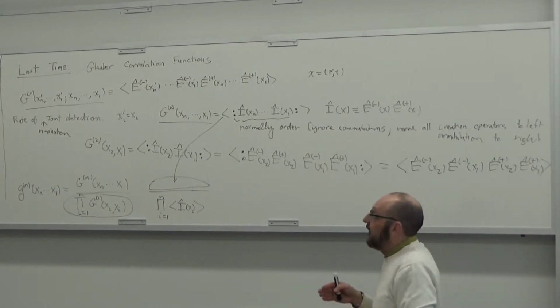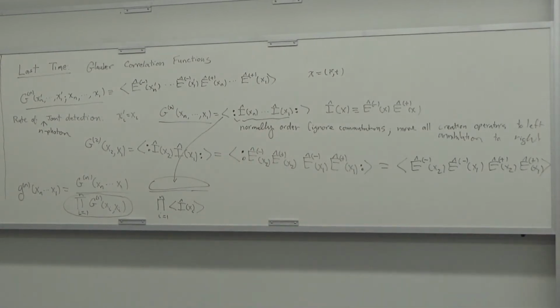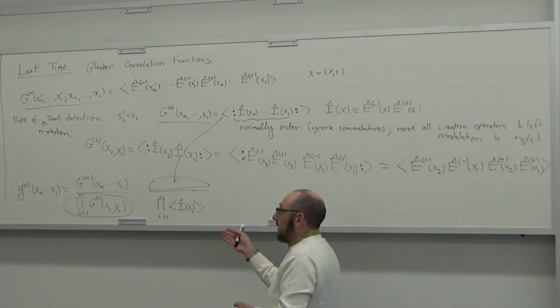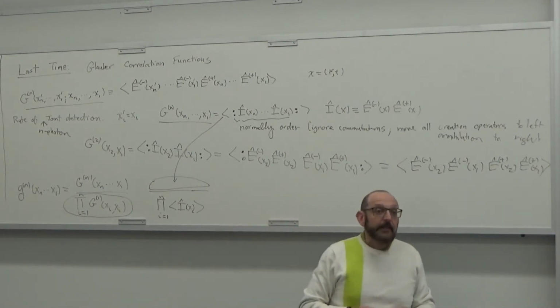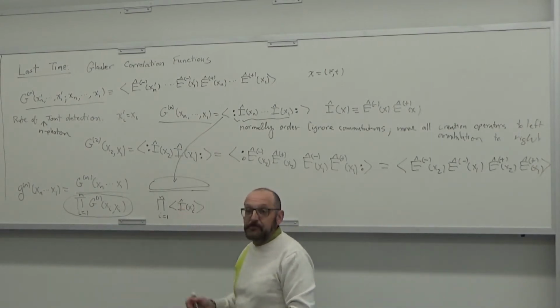So if there was no correlation between the photons, or those events were completely statistically independent, then that correlation function would factorize.